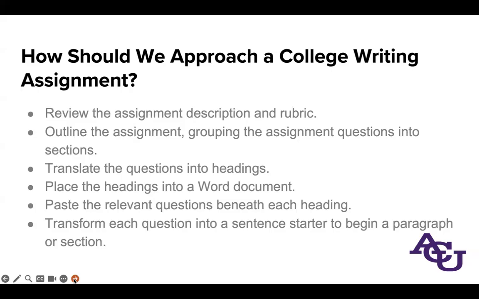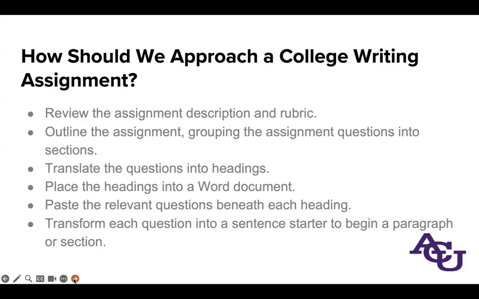You can also make your questions into headings within your outline. That way you're making sure that you're addressing everything and where you'll be addressing each question within the assignment.